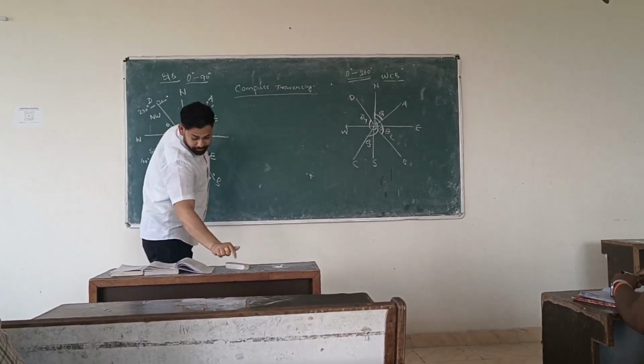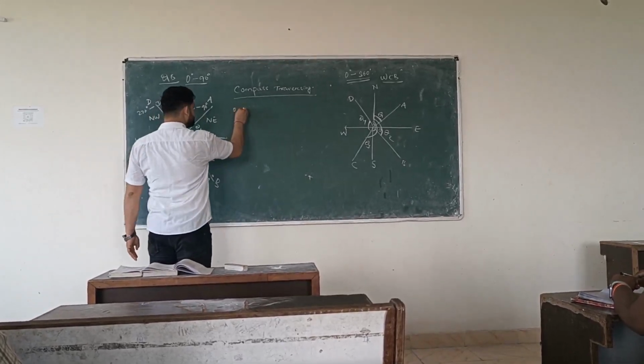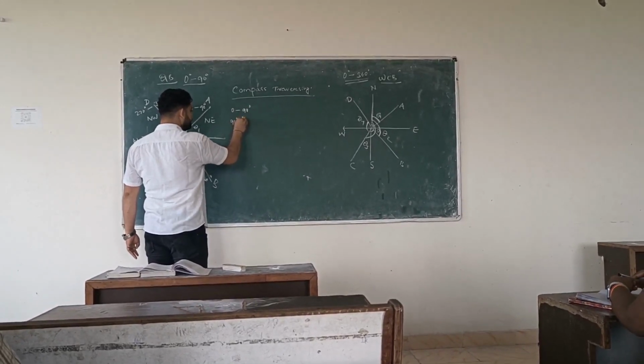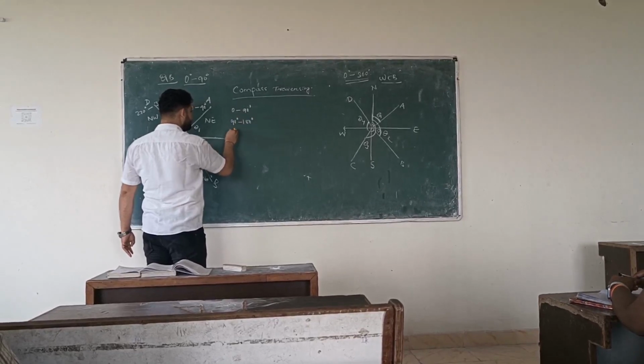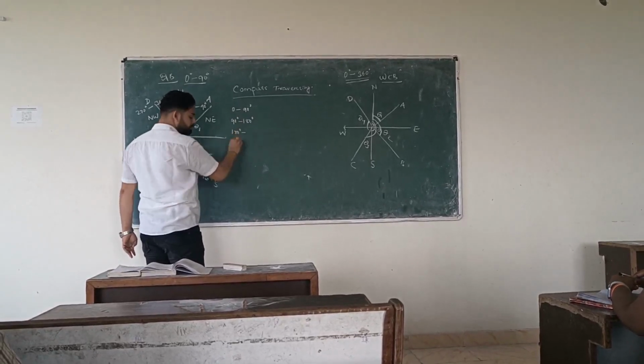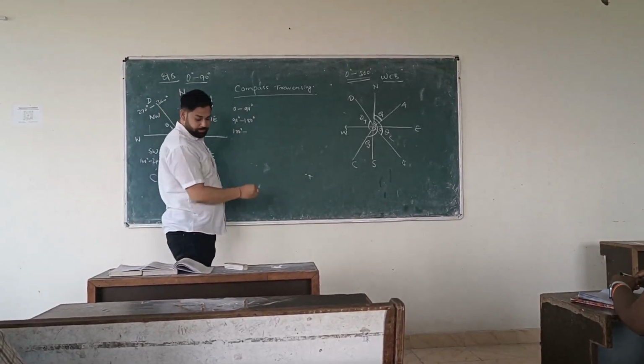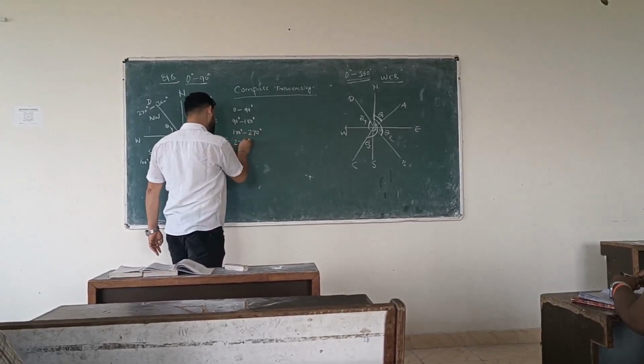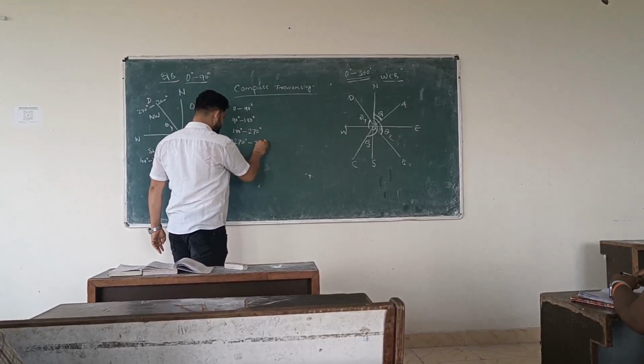Let's suppose 0 degree to 90 degree, 90 degree to 180 degree, 180 degree to 270 degree, and 270 degree to 360 degree.